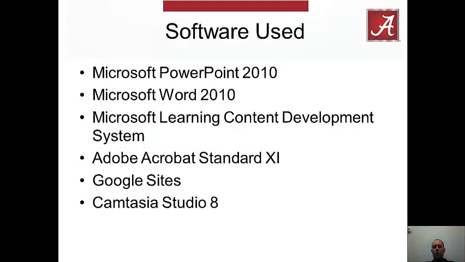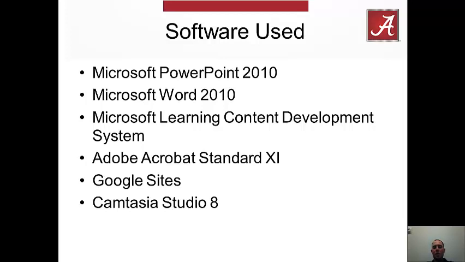So some of the software that I used was Microsoft PowerPoint 2010, Microsoft Word 2010, Microsoft Learning Content Development System, and that is a free product that's available from Microsoft, and I specifically used that to develop my SCORM compliant packages once the content was developed.